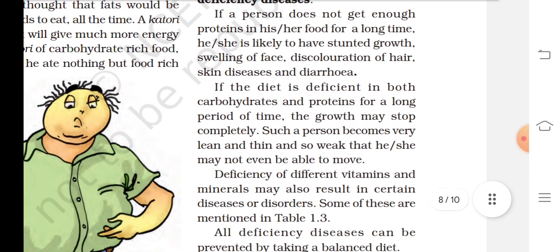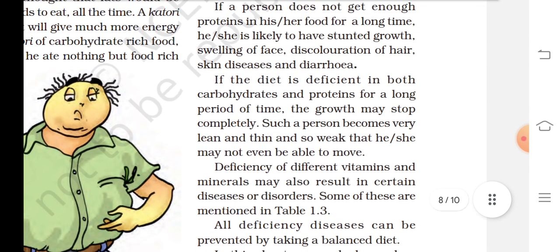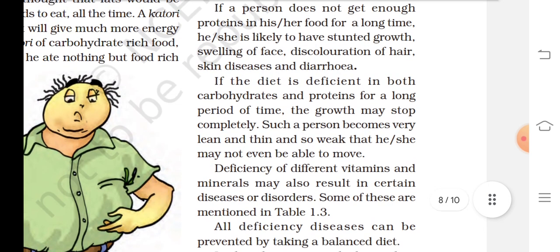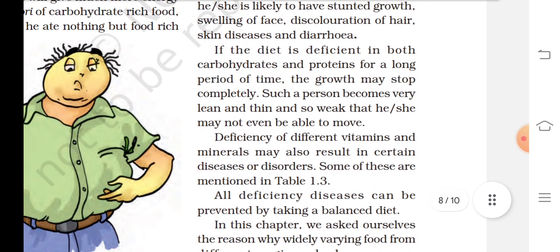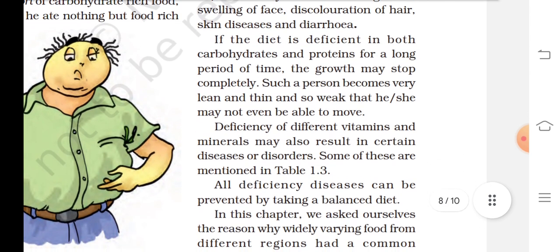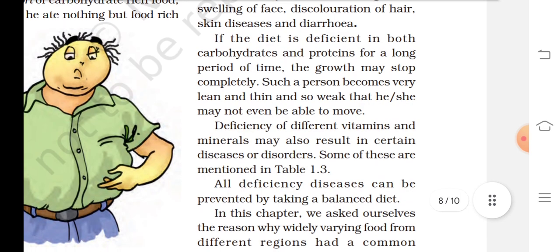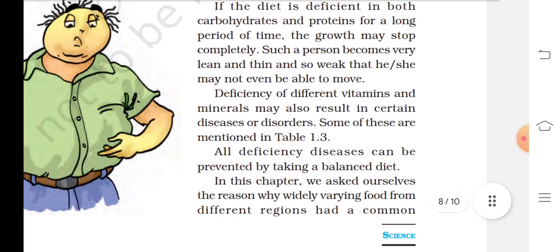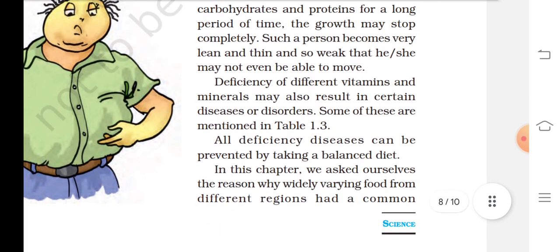If a person does not get enough proteins in her food for a long time, she is likely to have stunted growth, swelling of the face, discoloration of hair, skin disease, and diarrhea. If the diet is deficient in both carbohydrates and proteins for a long period of time, the growth may stop completely.